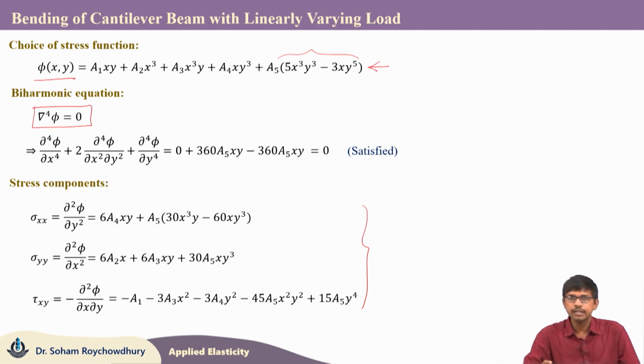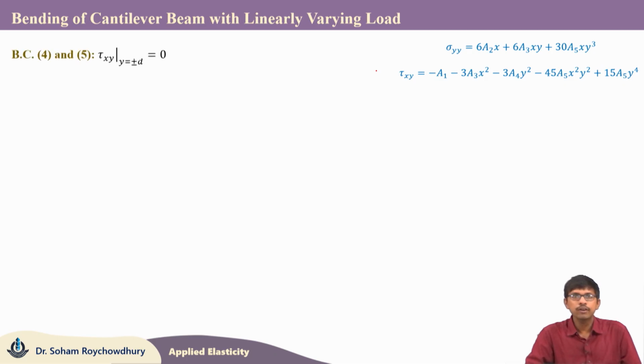Now, we need to see whether this satisfies all the boundary conditions or not. If yes, what should be the values of these constants A1 to A5, so that we can obtain the overall stress distribution for the bending of a cantilever beam subjected to uniformly varying load.